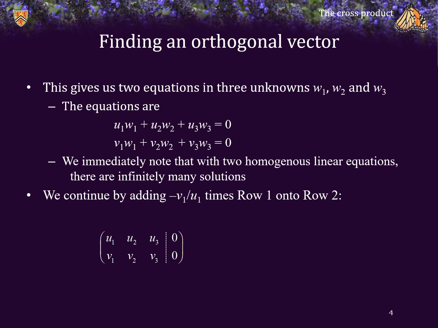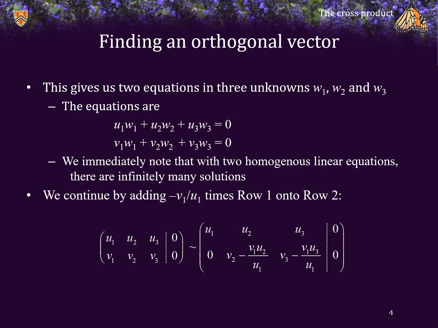We start with the augmented matrix, and we proceed to add negative v1 divided by u1 times row 1 onto row 2. That's going to put a 0 at entry 2,1. And now we look at the second equation. Up until now, we have not used multiplying a row by a non-zero scalar.